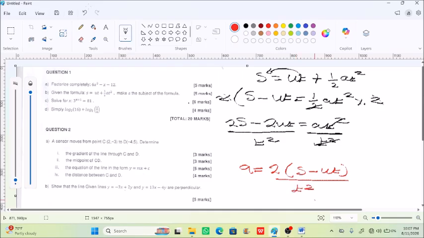This becomes our final answer for question B. Okay, and we have our 5 marks, so the first one 5 and the second one 5, we have 10 marks in total.